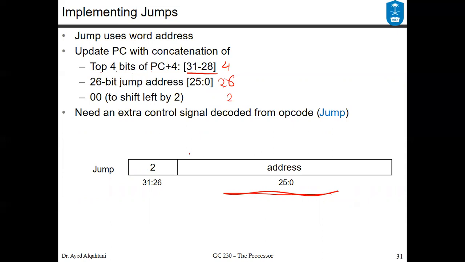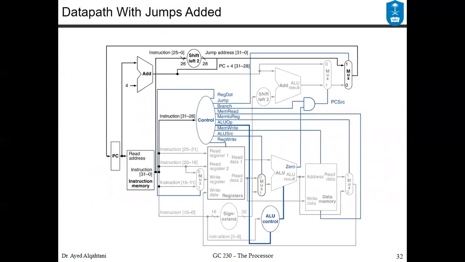And we need an extra control signal for the jump, and we will call this control jump. And this is what happens in the hardware for the jump. Note that for the jump, we don't use anything here. Everything is gray. If it is a jump, you take the PC plus 4 from here.